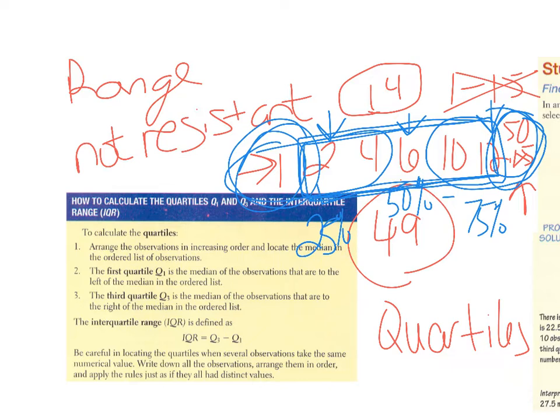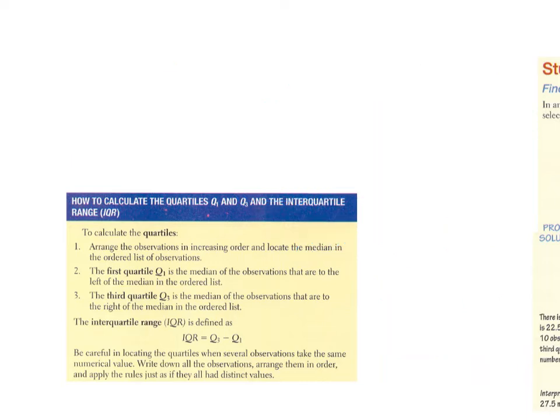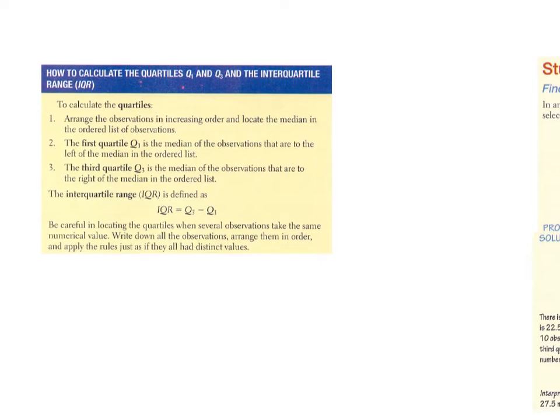So the first quartile is going to be, let me clear this up a little bit so you can see, the median of the observations that are to the left of the data set. So again, if I have a data set, here, let's use this. This is our data set of those North Carolina drivers.